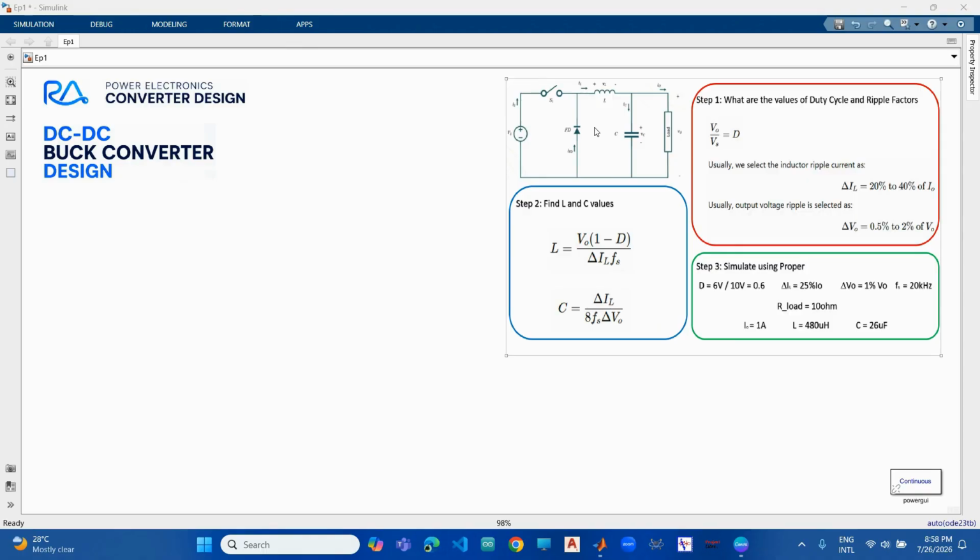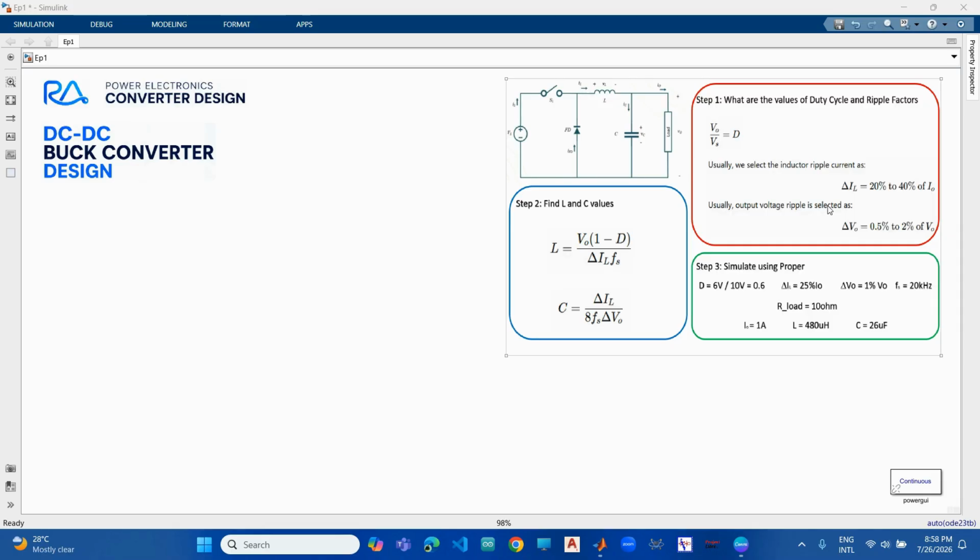So the first step of the converter design, we need to decide the value of the duty cycle and ripple factors. So what is duty cycle? Duty cycle means the ratio between output voltage and input supply voltage. And there are two ripple factors: the inductor ripple current factor and the output voltage ripple factor.